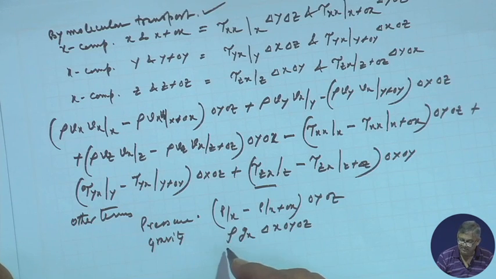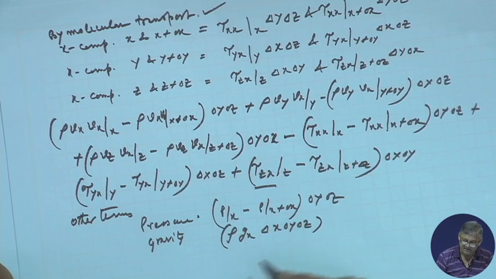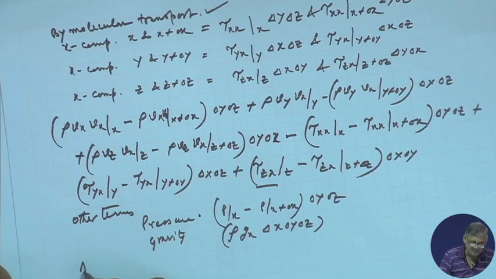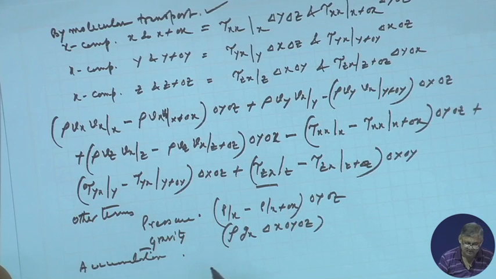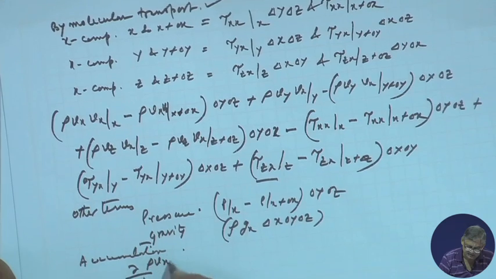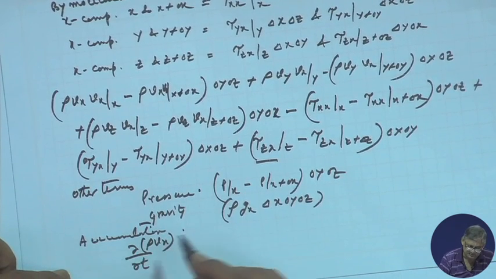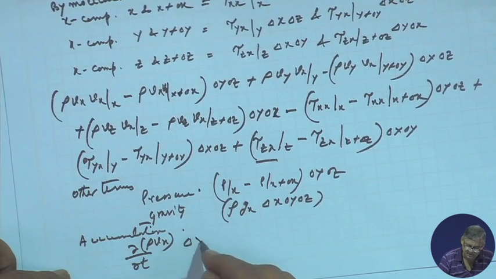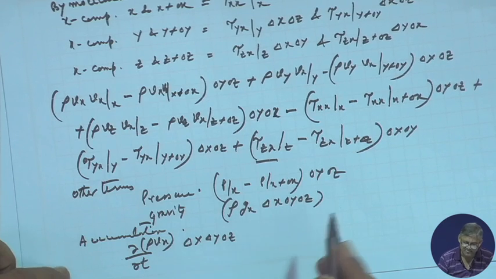Rho is kg per meter cube, this is meter cube, so that is why this has come. And the accumulation of the x component of the momentum we can write as del by del t of rho Vx into the volume element del x del y del z, right.